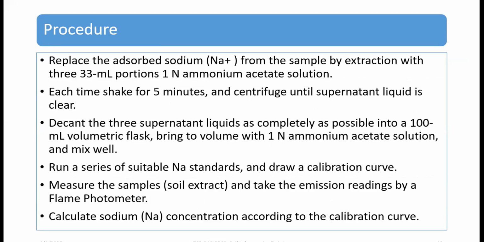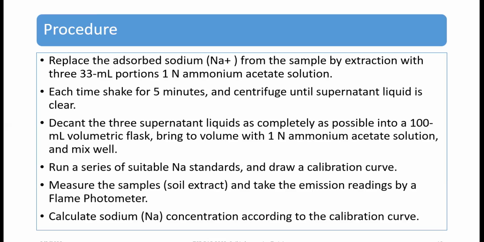Now you have to extract the sodium by replacing the absorbed sodium from the sample by extraction with 33 mL portions of 1N ammonium acetate solution. Each time, shake for 5 minutes, centrifuge until the supernatant liquid is clear, and decant the 3 supernatant liquids as completely as possible into a 100 mL volumetric flask.